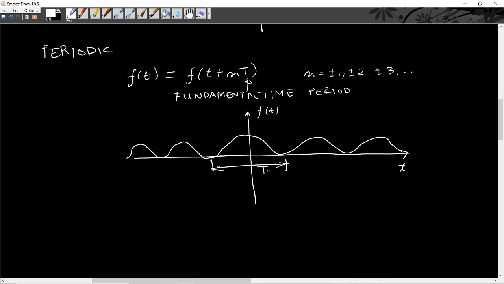Now, in all our discussions, we'll look at signals which are functions of time. But we can also have signals that are periodic in space.